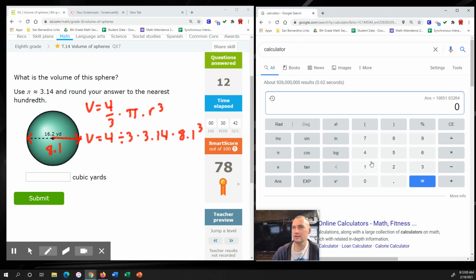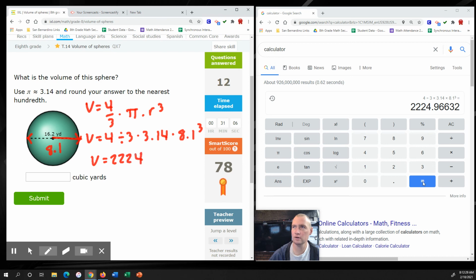Go calculator. 4 divided 3 times 3.14 times 8.1 to the third power. And there we go. So I got volume equals 2,224.966.